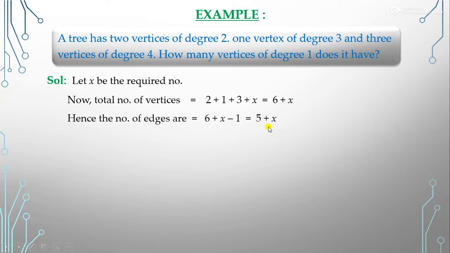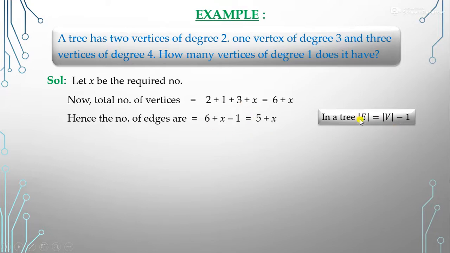Now the number of edges, how many edges are here? Because the vertices are 6 plus x, and you know that in a tree if we have n vertices, then edges are n minus 1. So edges are 6 plus x minus 1, so it becomes 5 plus x. So in this tree, total number of edges is 5 plus x.